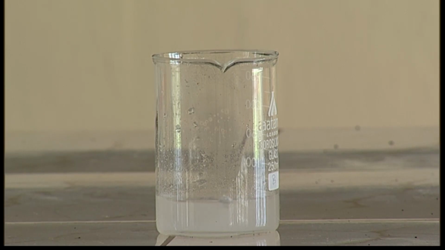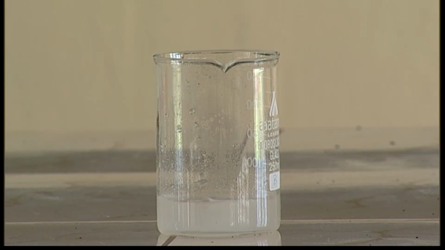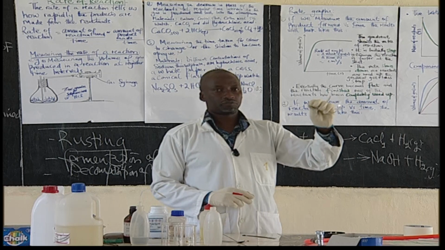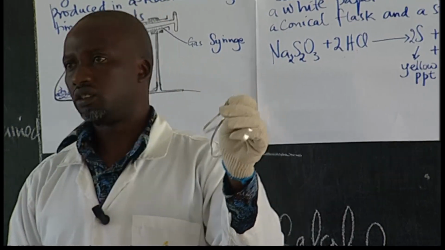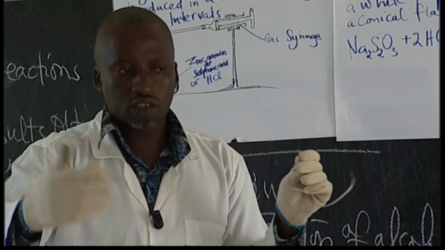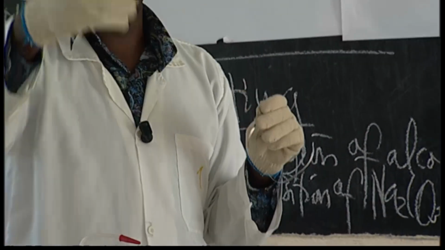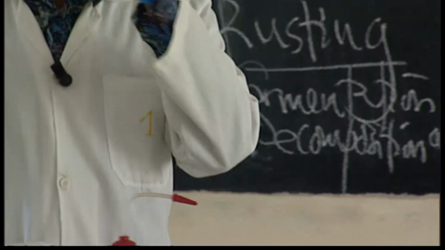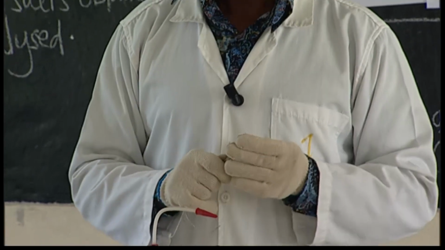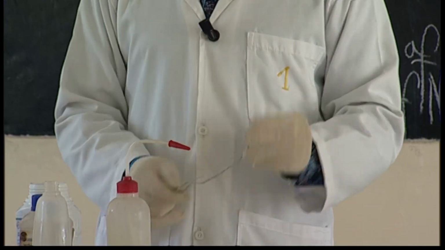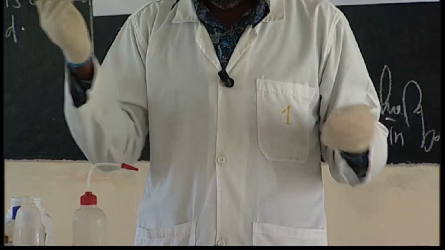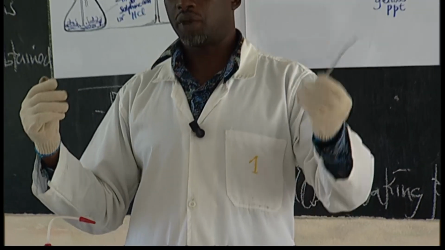Maybe another reaction that I just wanted to show you is the reaction of magnesium ribbon. I'm just showing you some of the reactions that take place fast. And we have seen some reactions that move slowly and take some time. So we're having magnesium ribbon, and we're just going to put it on fire. This is the metal.